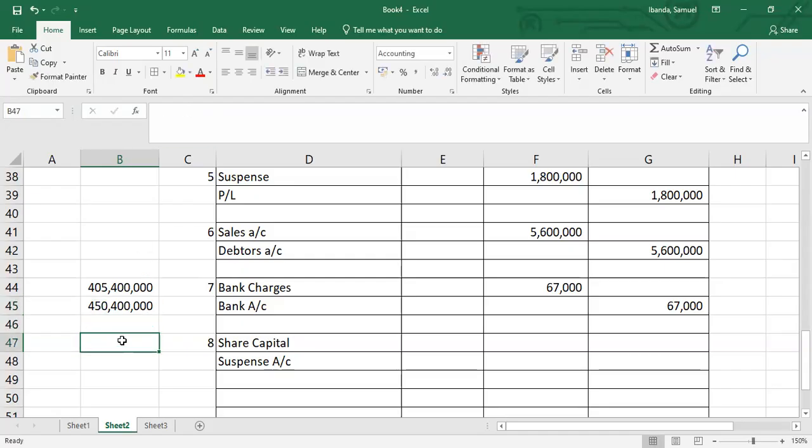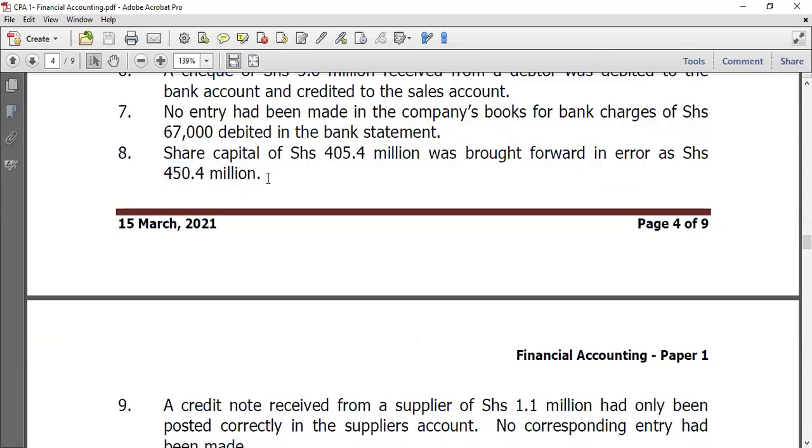So those are the figures we have. Let me just get the difference. Was it 405 million? Yes. So let me get the difference between those two figures. This minus this gets me to 45 million. So it means I brought forward a higher amount by 45 million on the credit side of my share capital, and that affected my trial balance as well.